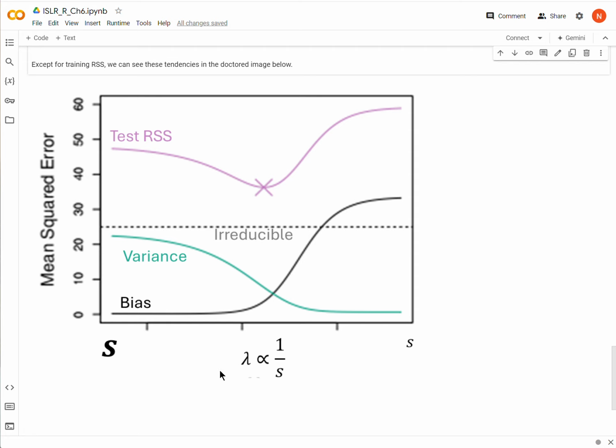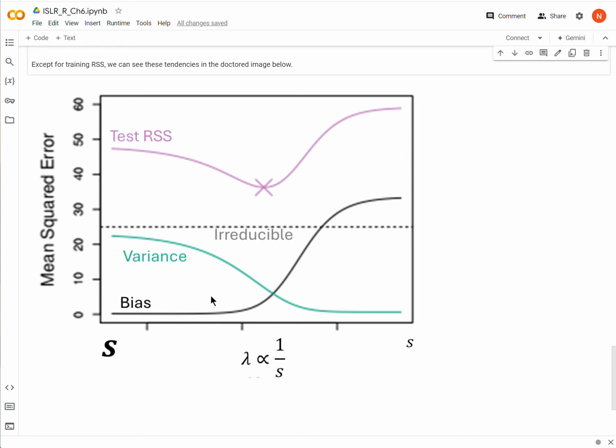But anyway, we're talking in terms of s now. So if this is our testing residual sum of squares, as we move from left to right, as lambda gets bigger, that means that 1 over s is also getting bigger.